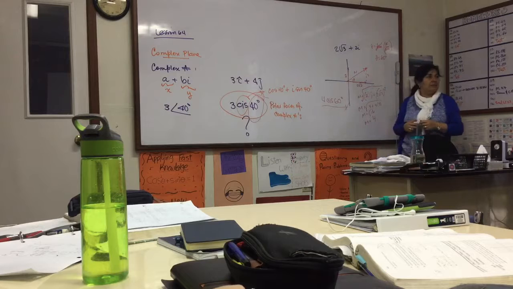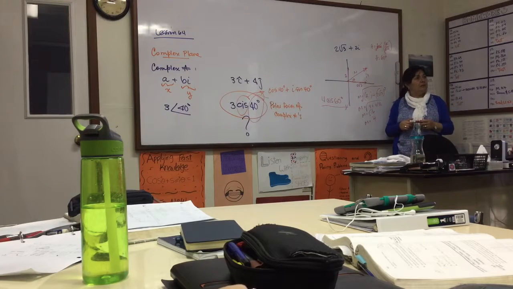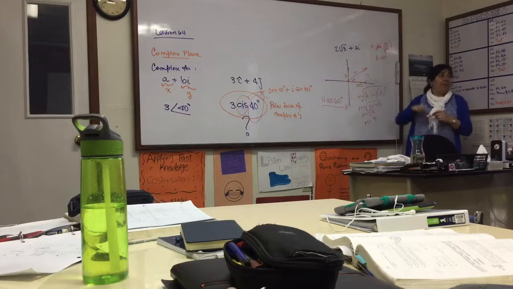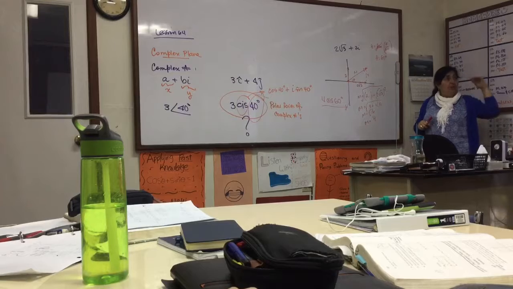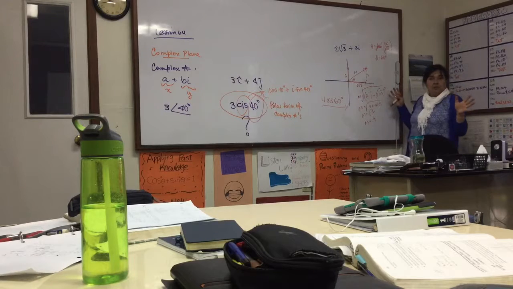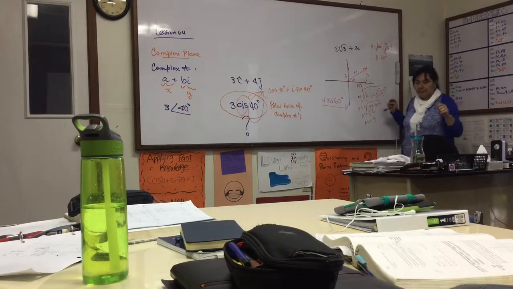I have a question. Why don't you put the i in the graph? Because this just tells you where to place it. We know that the i's are always vertical, and the real numbers are always horizontal. Okay? Other questions? We're good?